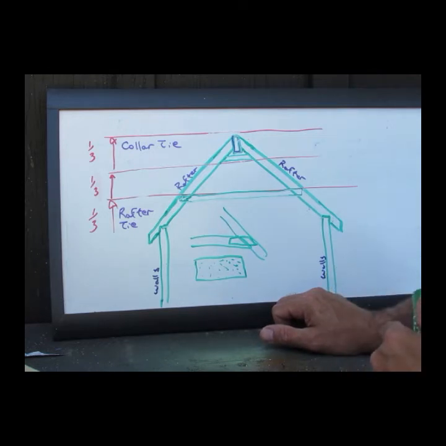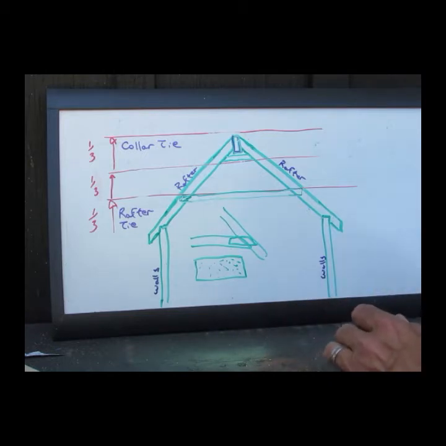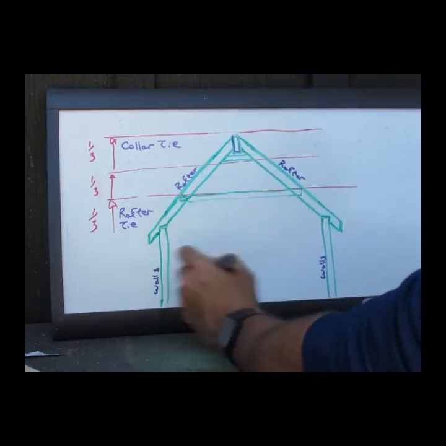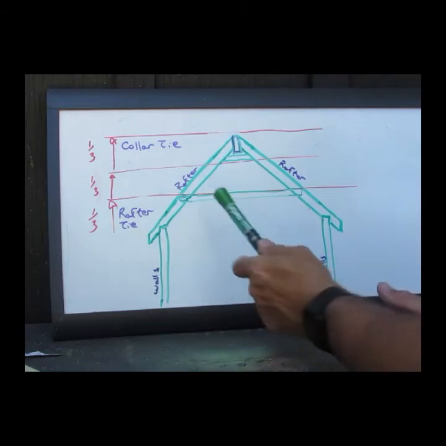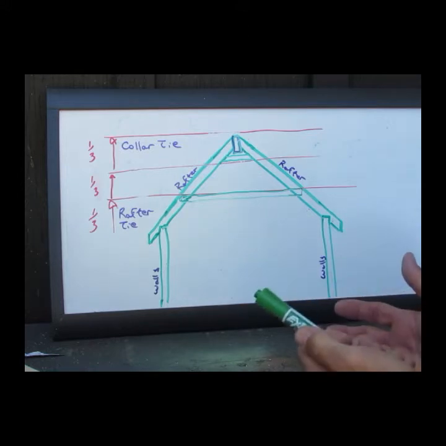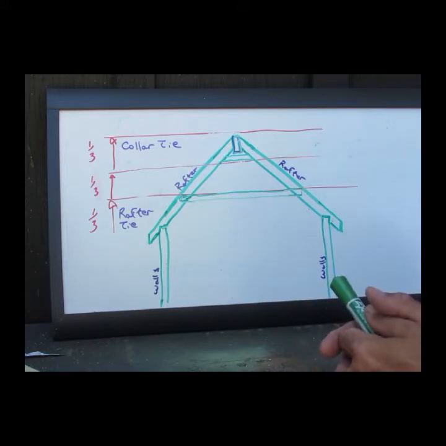You'll look at pre-made trusses and they are just chock full of these gussets. So what we are going to be placing is our rafter tie at the top of the bottom third. Now, can you think of any reason why we would place it at the top of the bottom third as opposed to the bottom, because they serve the same purpose, they do the same job?